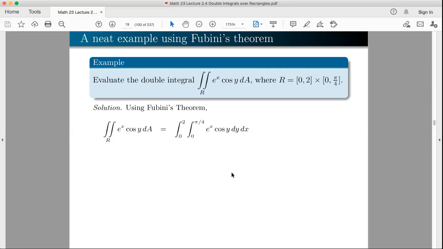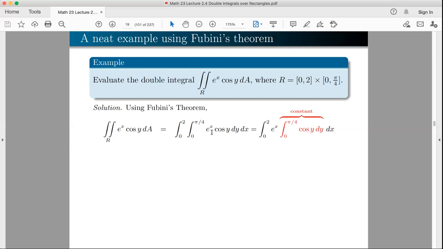Now take note that when you evaluate with respect to y, e to the x is independent of y, so it is a constant with respect to y. So what we can do is put the e to the x outside the integral. If you remember, that's a property of definite integrals: the integral of a scalar times a function equals the scalar times the integral of the function.